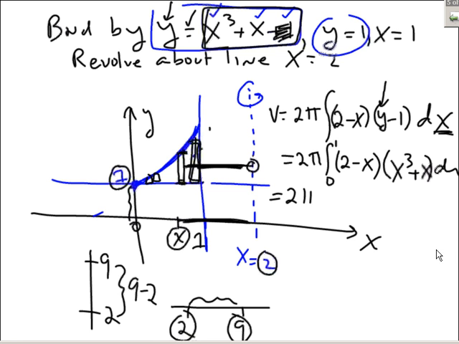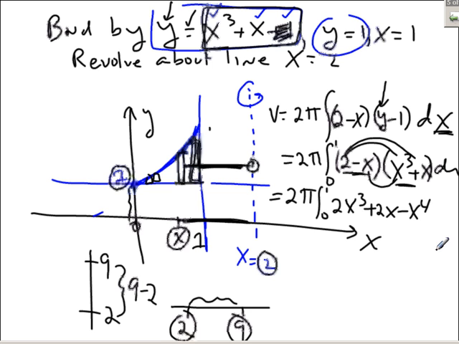The first thing you should do is multiply this out. You get 2x cubed plus 2x minus x to the 4th minus x squared dx. And then you integrate this. I'll do that right here. You integrate 2x cubed. You get x to the 4th over 4, which becomes over 2. 2 over 4 is 1/2.